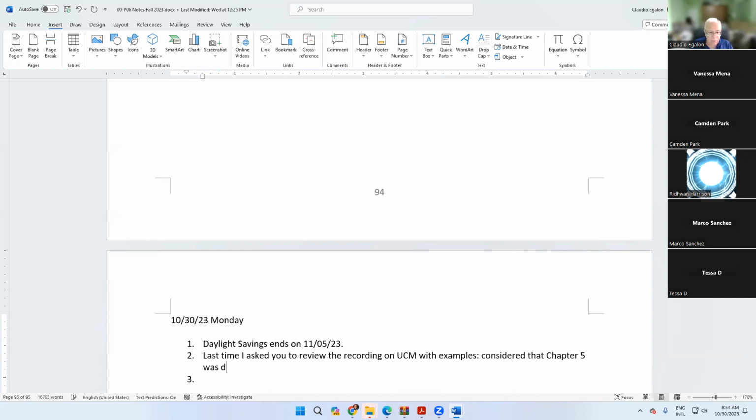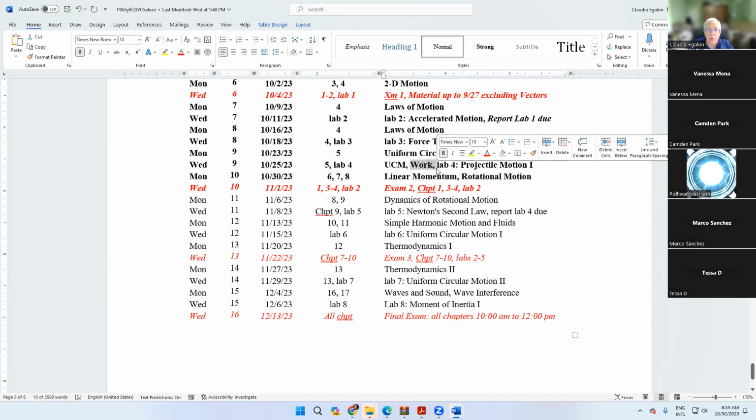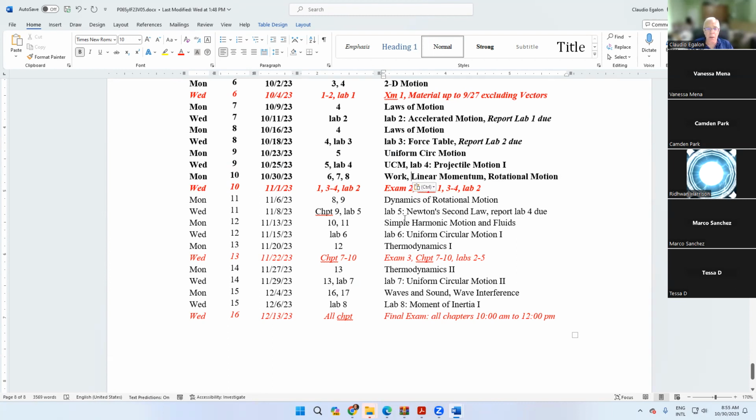And here you go, let me erase that. Today's Monday, we're writing here. And that should be work, the idea of work. And rotational motion should be chapter 8.